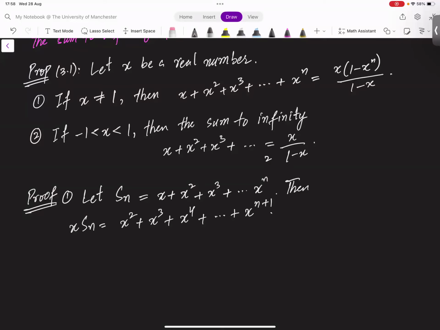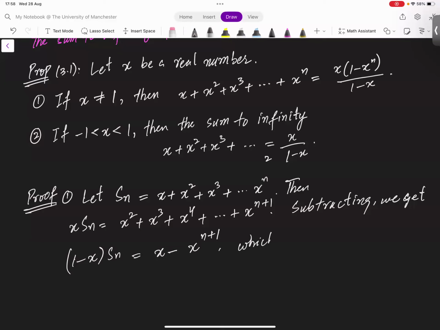Now subtracting, we get (1 minus x) times Sn is x minus x to the power n plus 1, which gives part 1.